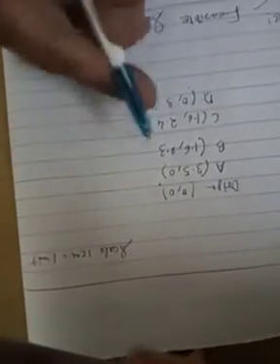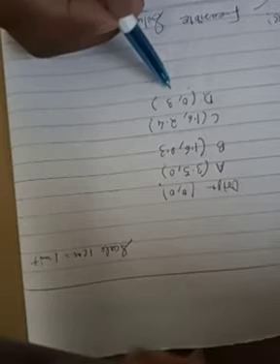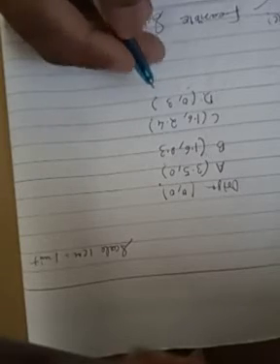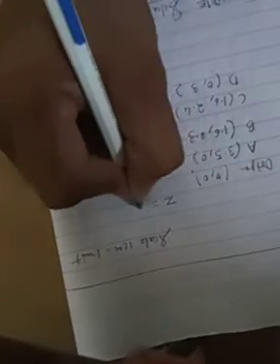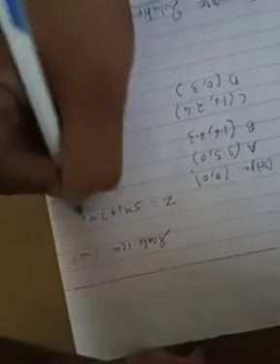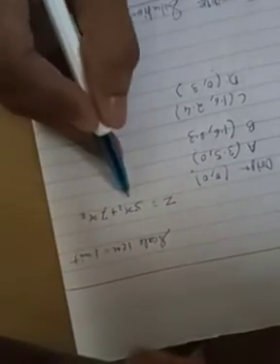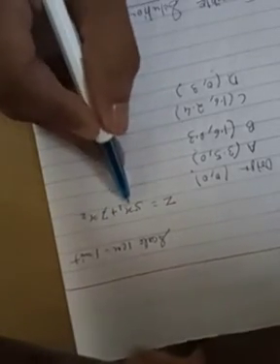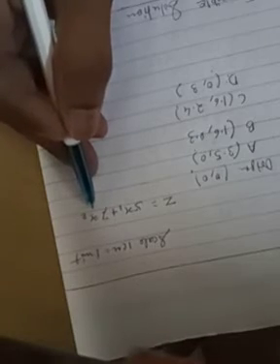So now you have to put these values in turn in the objective function. Our objective function was z equals 5x1 plus 7x2.